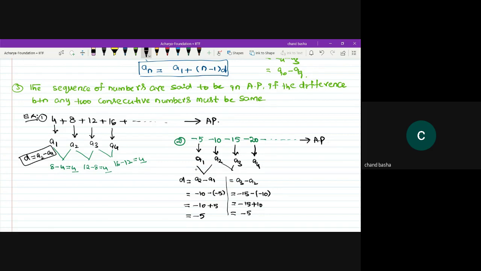Similarly, here how can we find the difference? A2 minus A1, and here A3 minus A2, and here A4 minus A3. If you observe, all these values must be fixed, the same. The difference is common. Sir, but you have written something here.